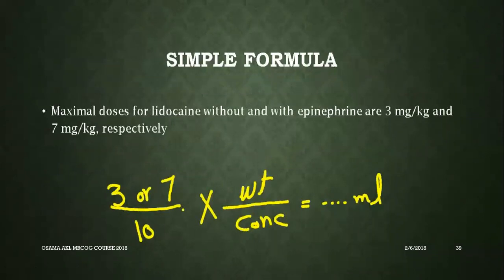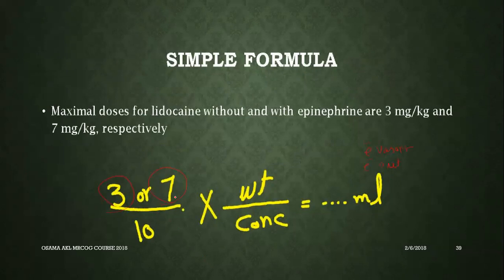You know that we have two types of local anesthesia, either with vasopressor like adrenaline or without vasopressor. Anyway, it's the same equation. We will multiply 3 or 7.